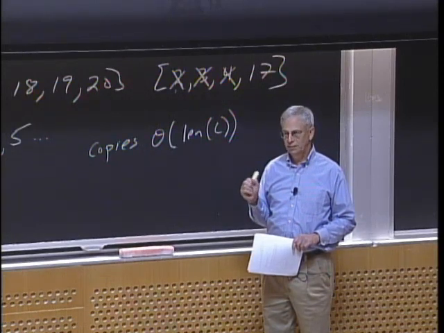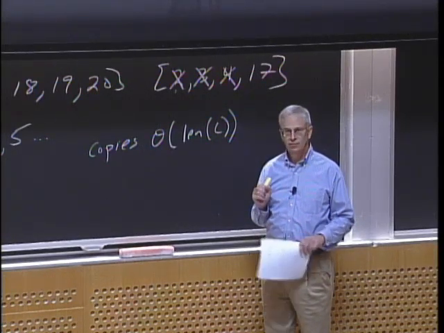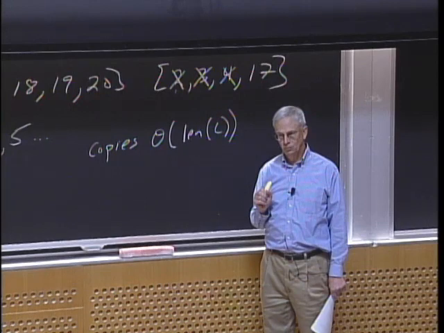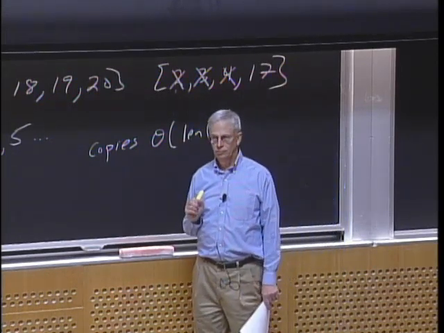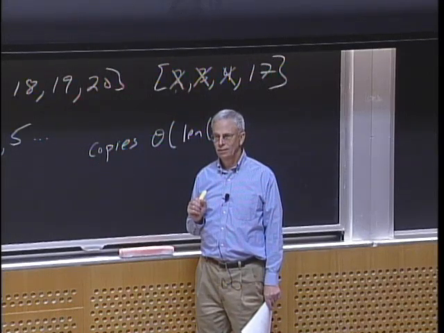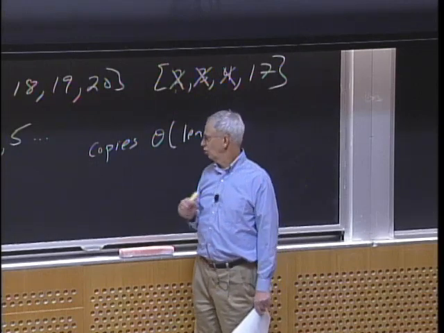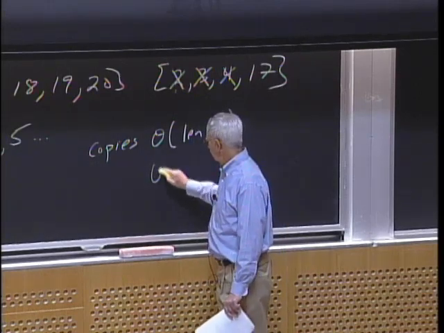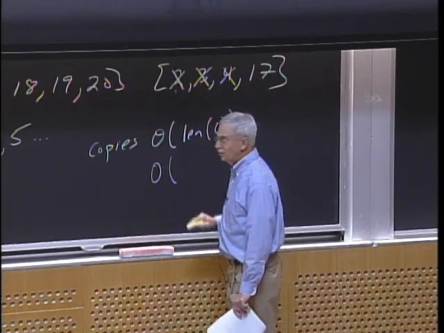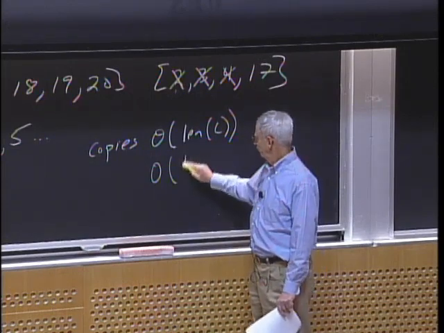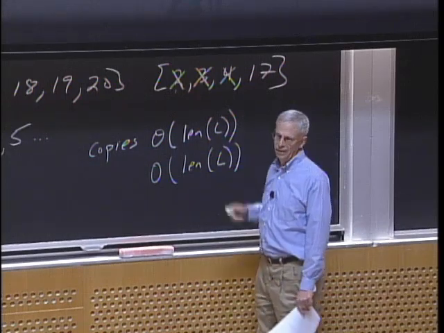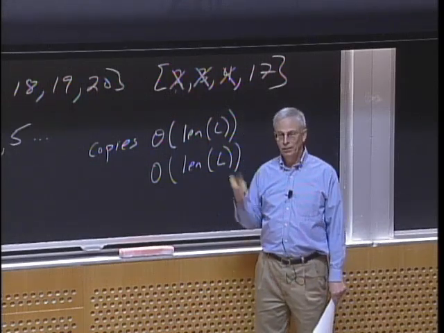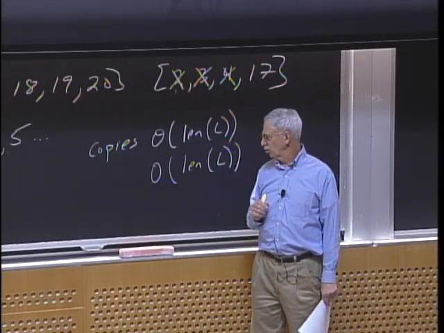But how many comparisons? That's a little trickier to think about. Pardon? At most, the length of the longer list, which would also be, we could claim to be order len of, I sort of cheated using L when we have 2 lists, but just think of it as the longer list.